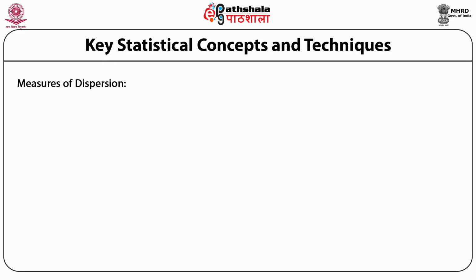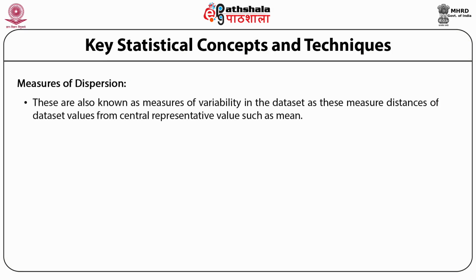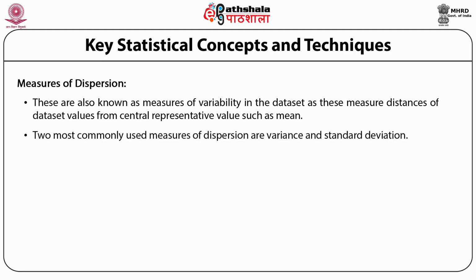Measures of dispersion are also known as measures of variability in the dataset, as these measure distances of dataset values from the central representative value, such as mean, median, or mode. The two most commonly used measures of dispersion are variance and standard deviation.